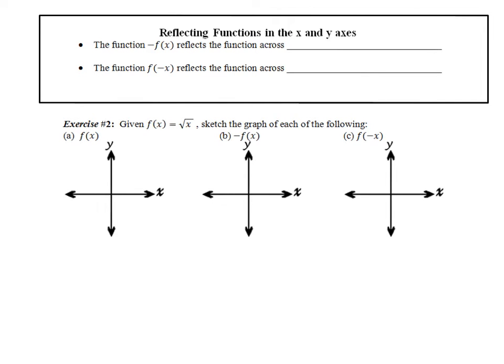Let's summarize this information in the box in your notes. When we're reflecting functions in the x and the y axes, the first kind that we did, negative f of x, reflected the function across the x-axis. Remember, all we did was negate the y values.